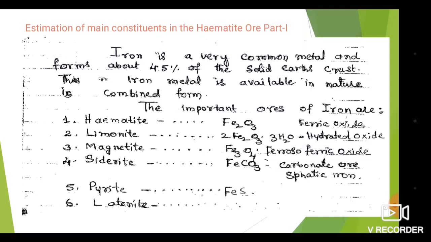The fifth ore is pyrite, that is FeS, and the sixth ore is laterite.